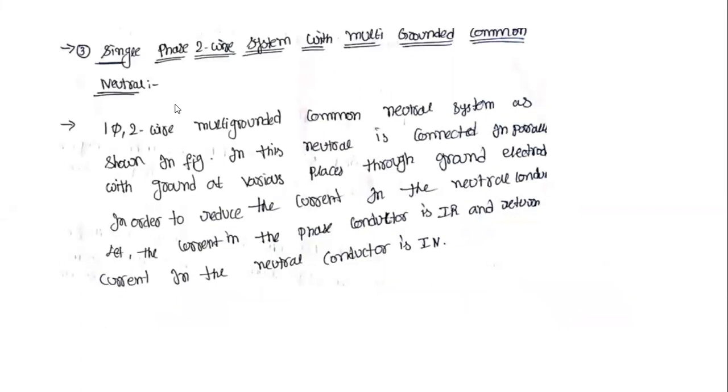Next, coming to the third criteria, that is the single phase 2-wire system with multi-grounded common neutral. Consider the single phase 2-wire multi-grounded common neutral system, as shown in this figure.